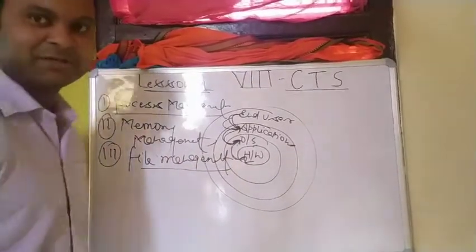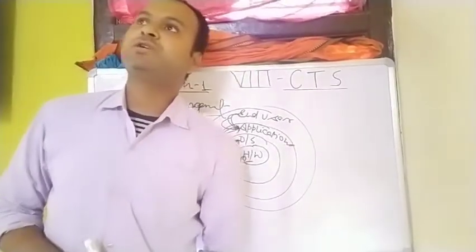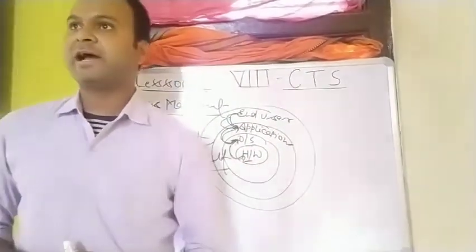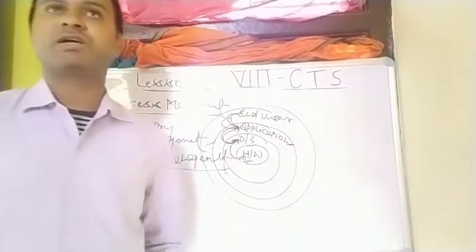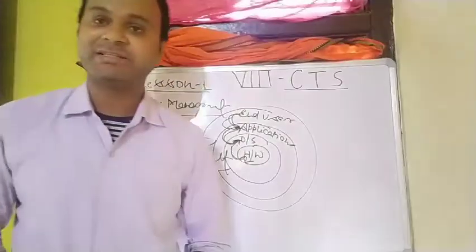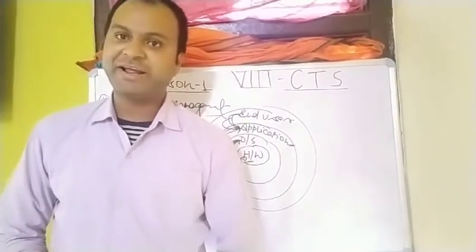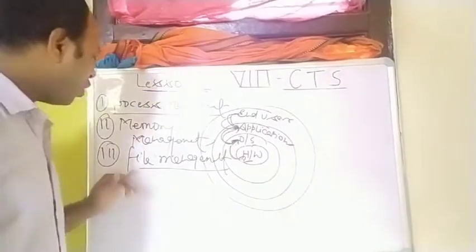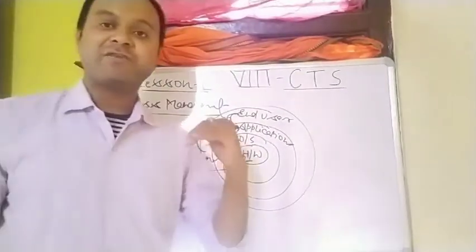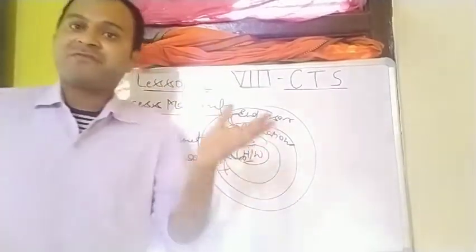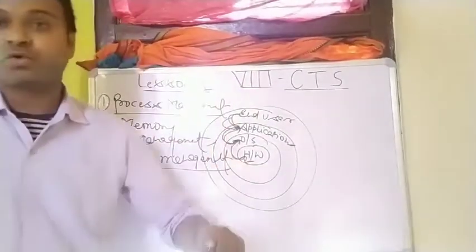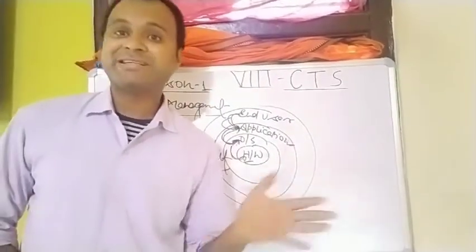In file management, we know that a computer can store a huge amount of data, and in one computer there are so many apps and so much data that we store every day. How the data will be saved, and how a file will be transferred from one location to another, because sometimes we move our data from one drive to another.